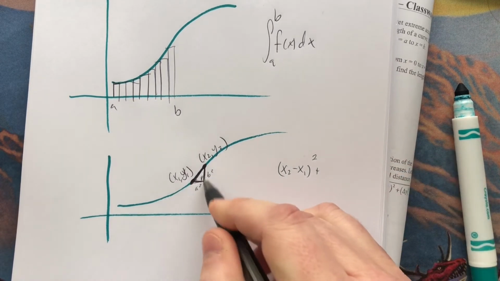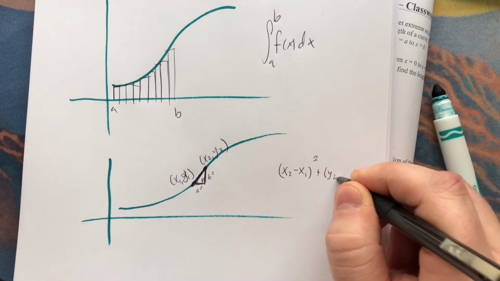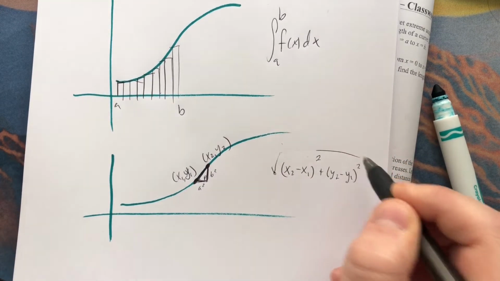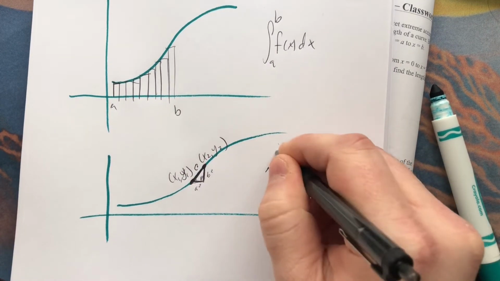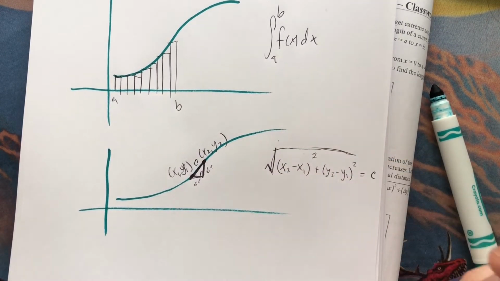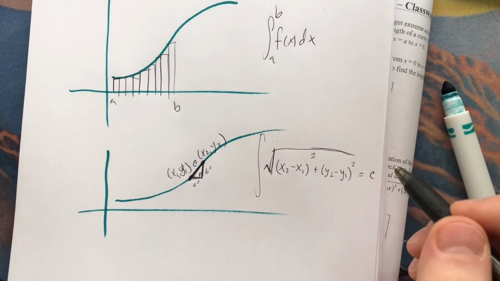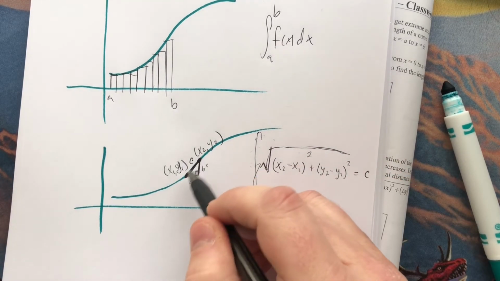And then this distance here is going to be y2 minus y1. And then take the square root of that, and that'll be c, our hypotenuse. Right, so that would be this piece right here.